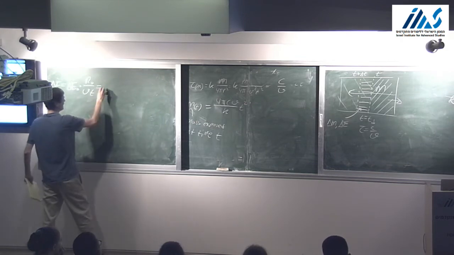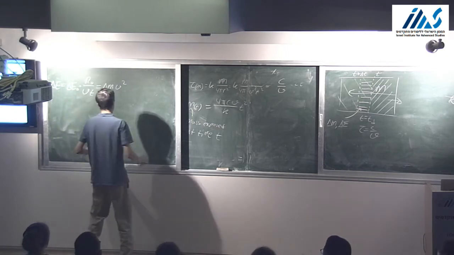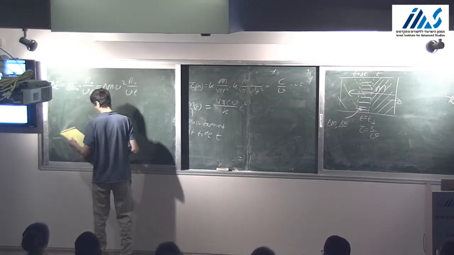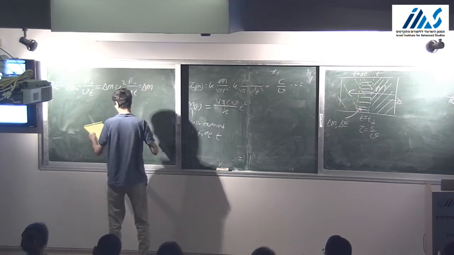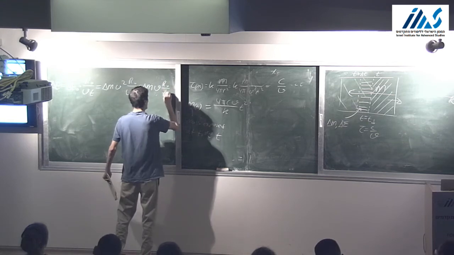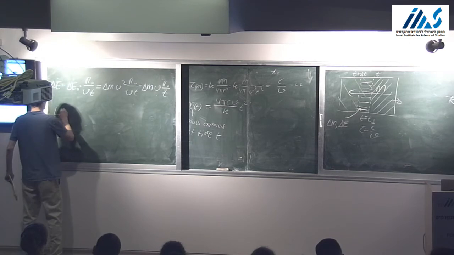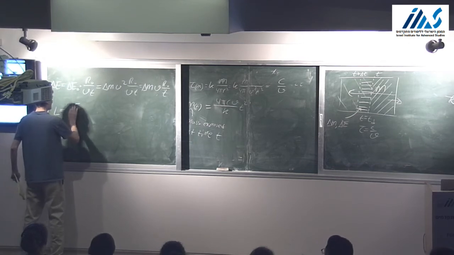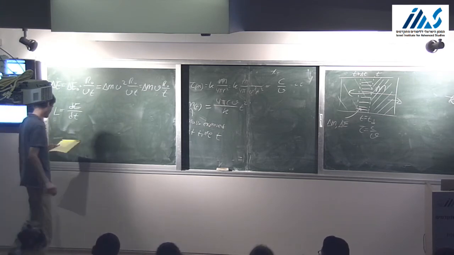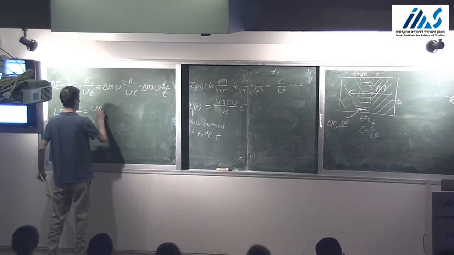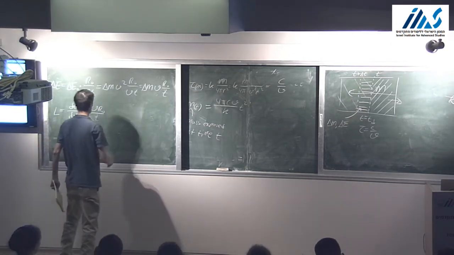And this delta E naught is roughly delta M V squared, R naught divided by Vt. So it's delta M V R naught over t. Now the luminosity is simply dE/dt. So it's V R naught divided by t, dm/dt.